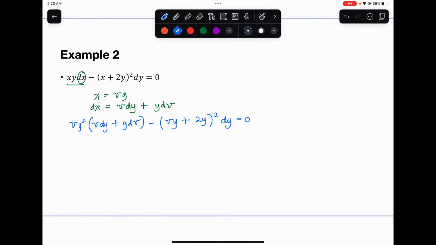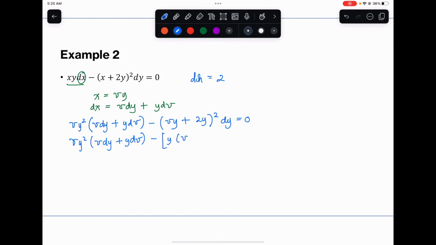After that is cancellation. But to cancel it out, something must be cancelled out, so let's try to figure out. Our degree of homogeneity here is 2. So what should be cancelled is a term raised to 2. So v dy plus y dv, then minus, you can see here that y is factorable.